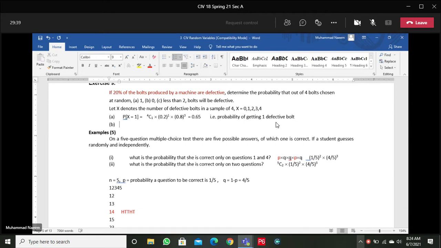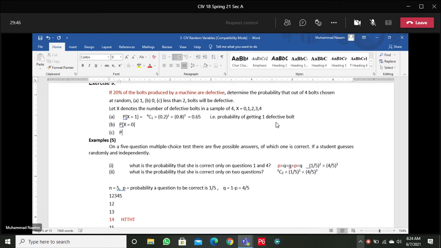In part B, we need the probability for x equal to 0, and in part C we will calculate the probability for x less than 2. Less than 2 means we calculate the probability for x equal to 0 and the probability for x equal to 1. These probabilities will be added.